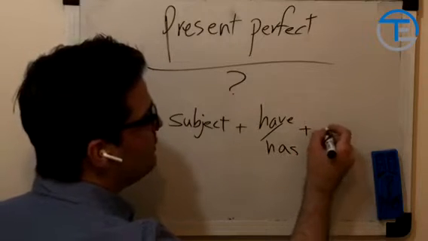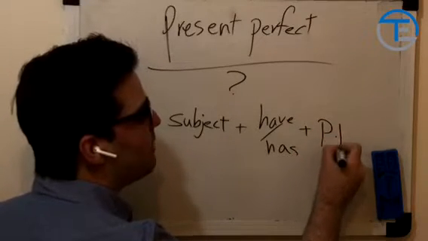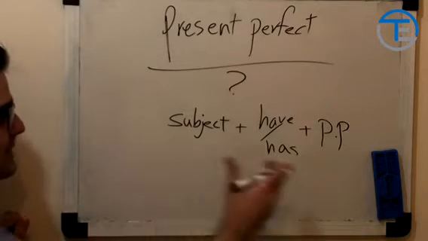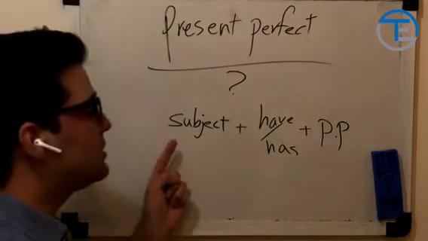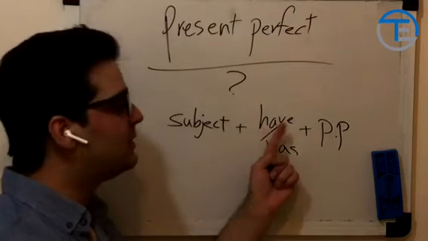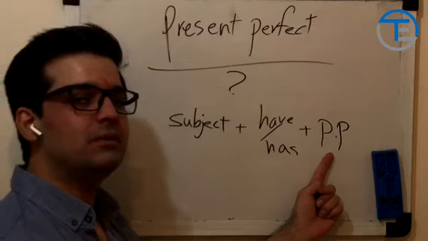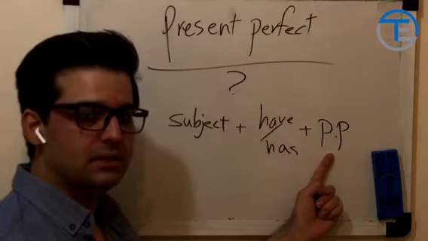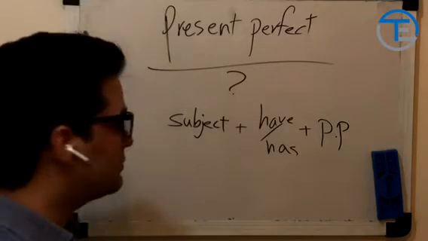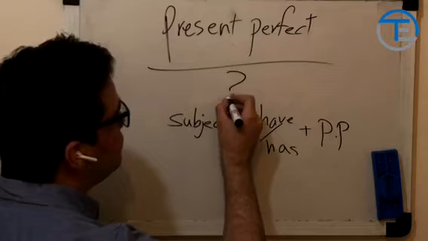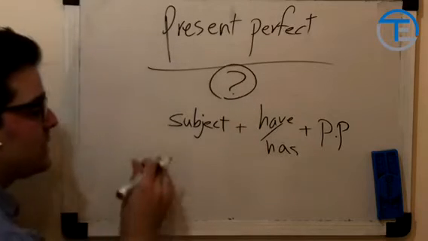And here we have the past participle. Okay? So this sentence, if you want to say subject pronoun, I have, for example, you can say played football. But we want to make a question with this sentence.